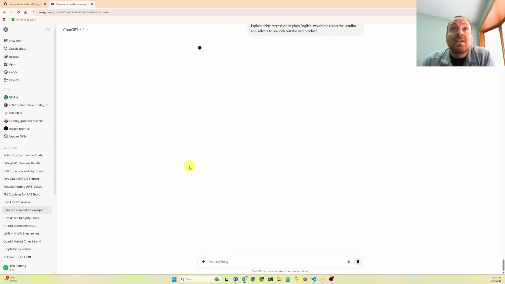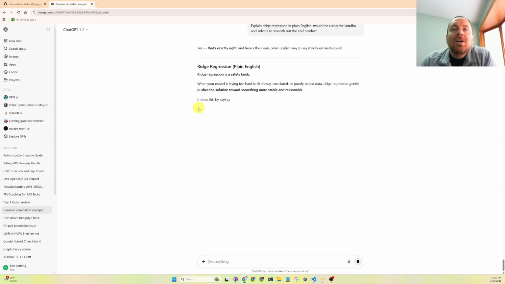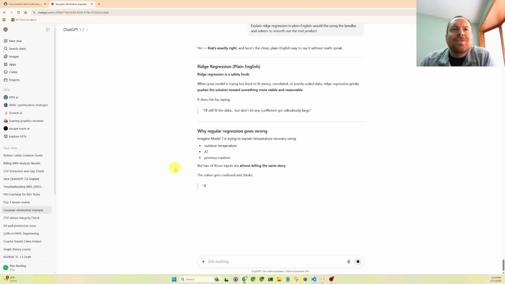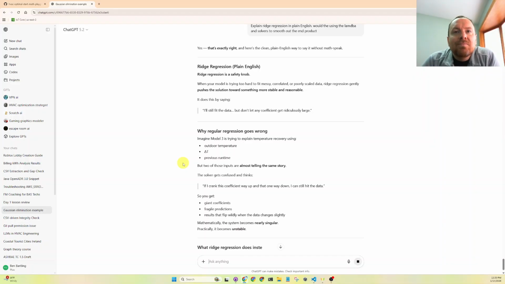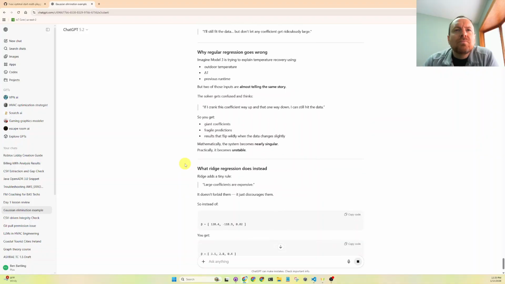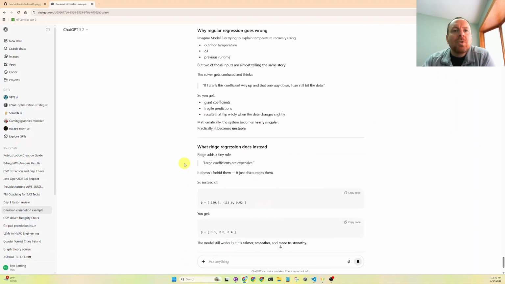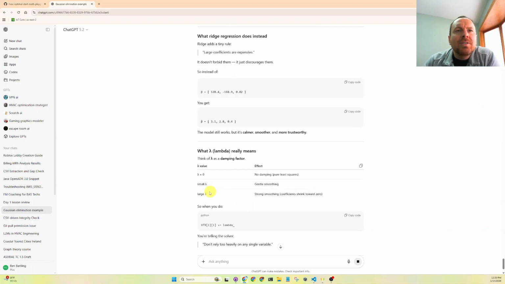I know I'm kind of cheating here, and definitely a little bit of faking it here. So it seems kind of interesting. So small ridge, gentle smoothing, large ridge.